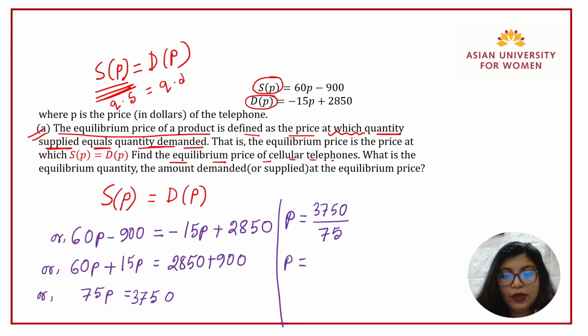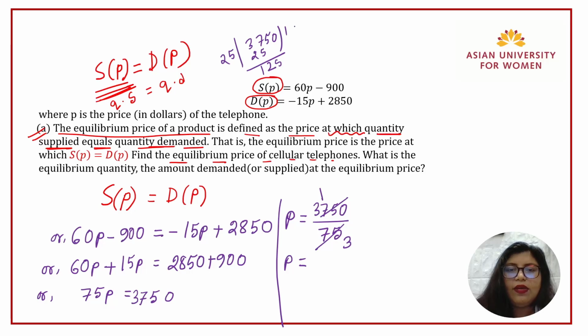If you try to reduce it by 25, you will get 3 here, and 150 here. 25 ones are 25, and so on. So that is 150, right?